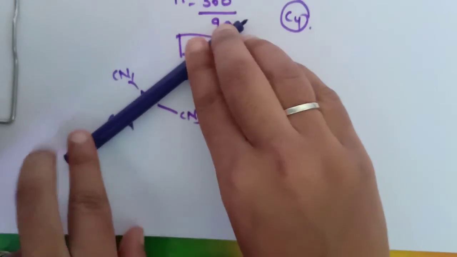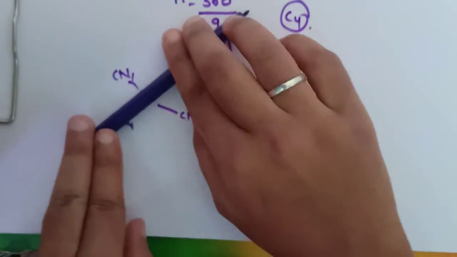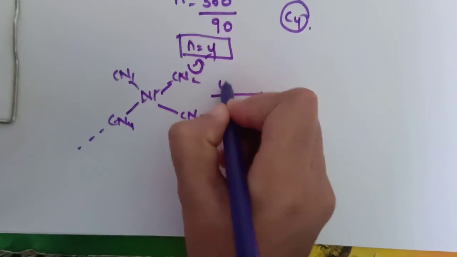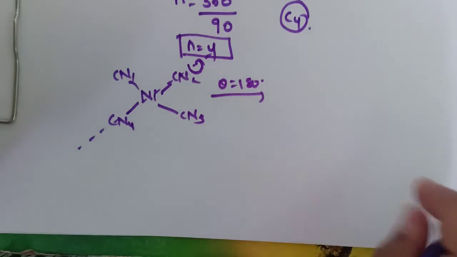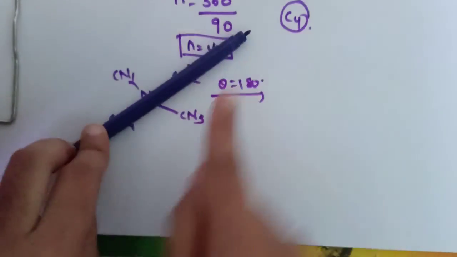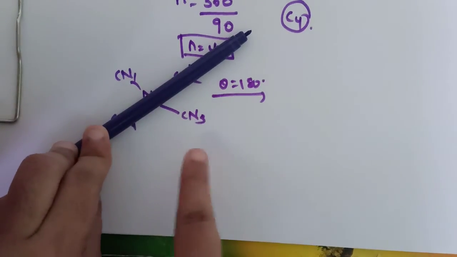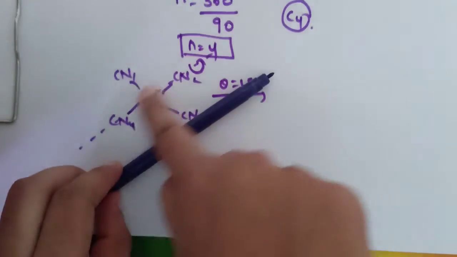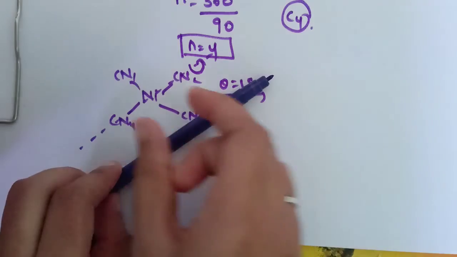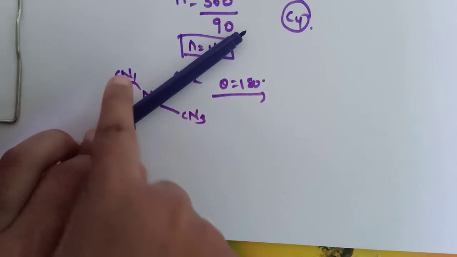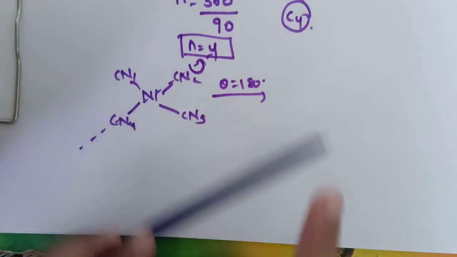They are not changing their positions. But if I rotate like this, that is theta is equals to 180 degree, this CN3 will come this side and this CN1 will come this side, but these two will not change their positions. That means these are the center of gravities. Here this CN3 will come this side and this CN1 will come this side.